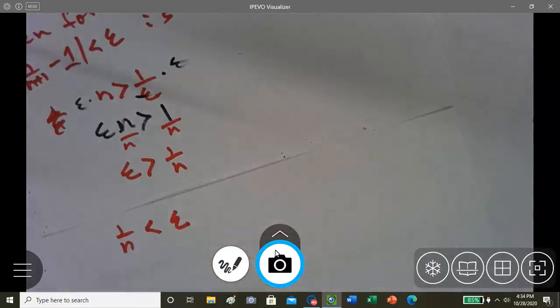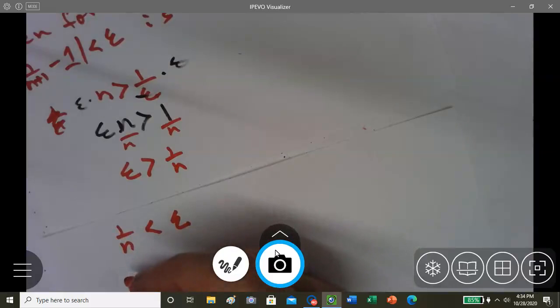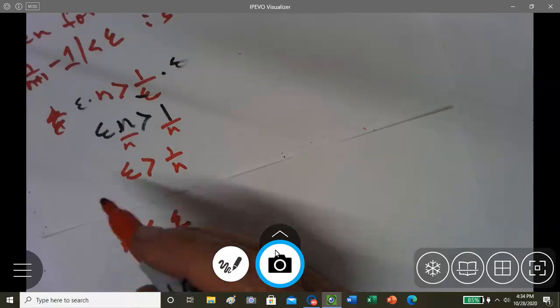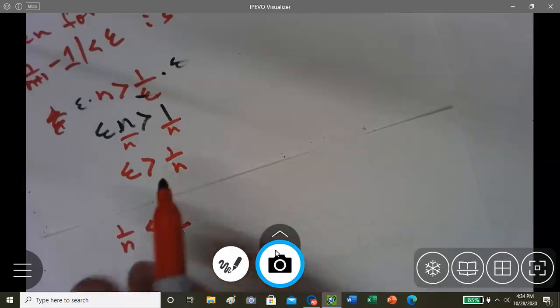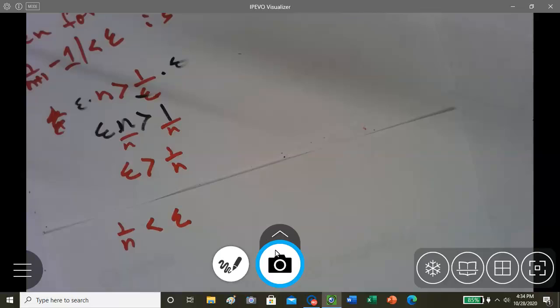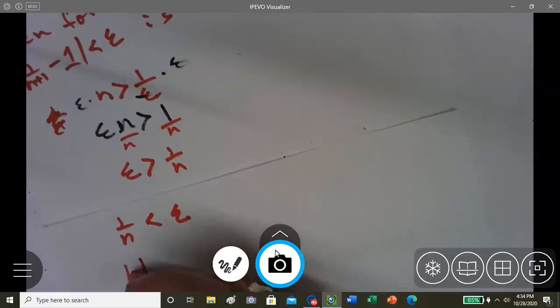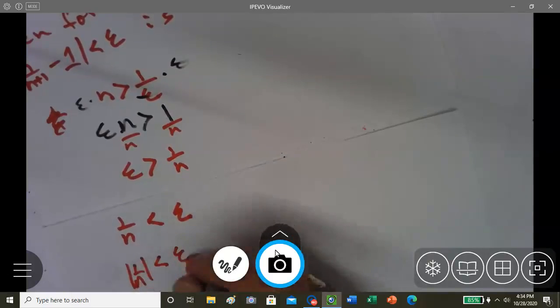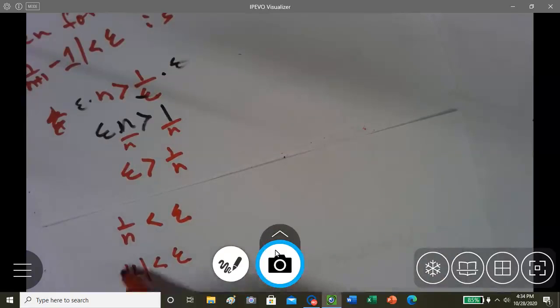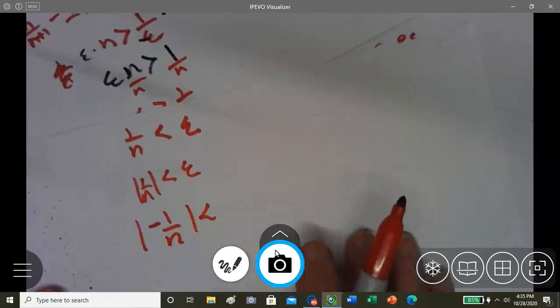So now from here we can go ahead and put in absolute value, 1 over n is less than epsilon. And because it's an absolute value, it's not going to be any different than if we put a negative 1 there over n is less than epsilon.